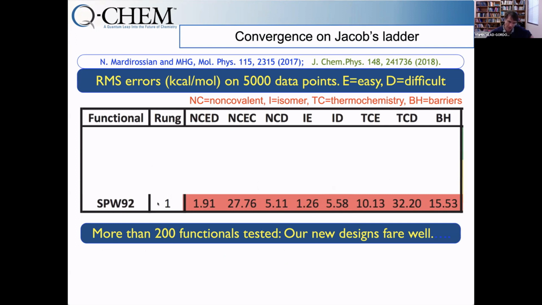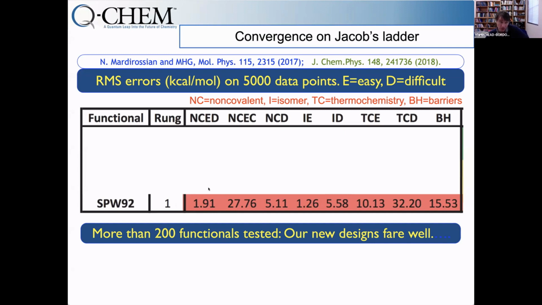And so here we are, the best functional on rung 1. Well, in principle, there's only one functional, but in practice, there are multiple fits to the uniform electron gas. This is the SPW92 fit. And these are the 1 sigma errors. So a 1 sigma error in kilocalories, sorry about the obsolete American units, multiply by 4 or so to put them in SI units of kilojoules per mole.